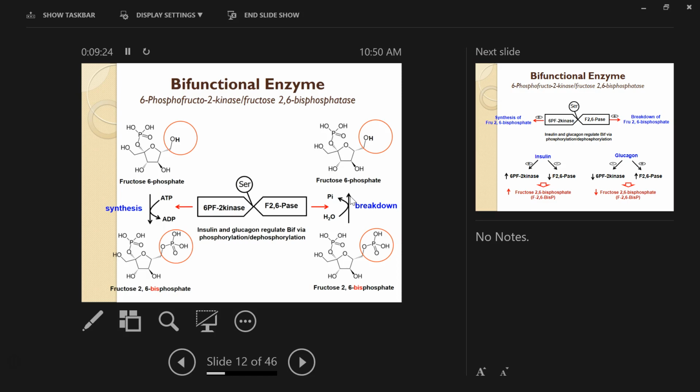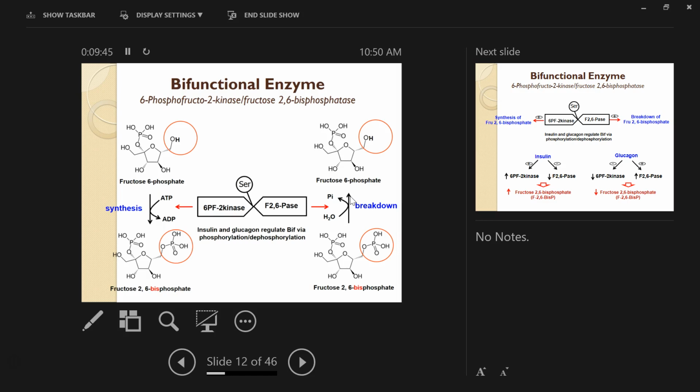And the other part of the bifunctional enzyme, fructose 2,6-biphosphatase, catalyzes the breakdown of fructose 2,6-biphosphate, converting it to fructose 6-phosphate, right?